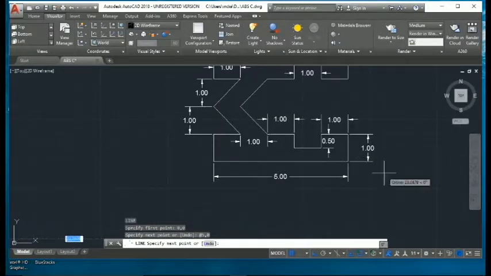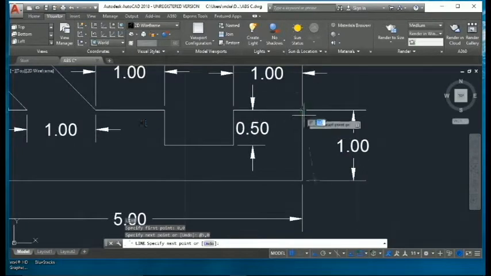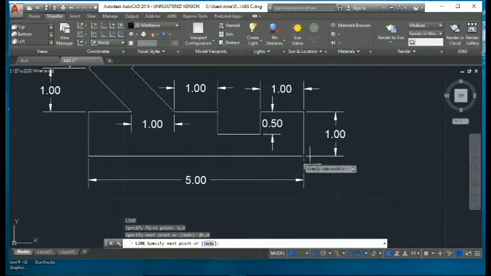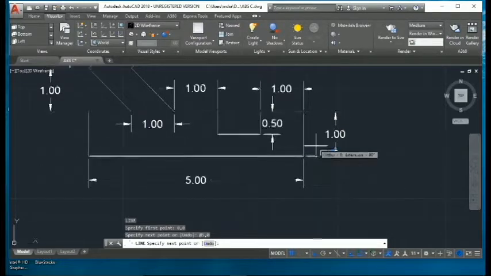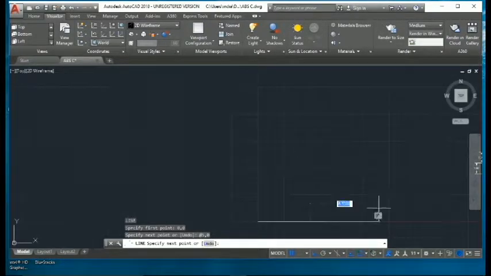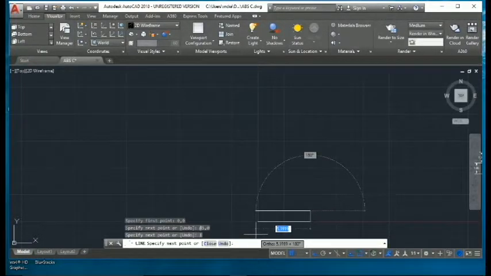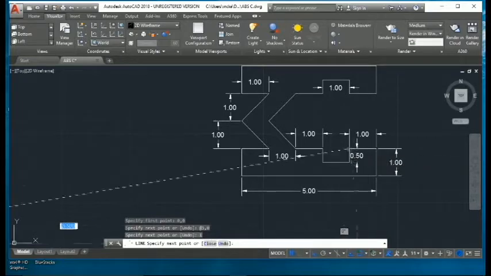Now the next point is this point, whose x coordinate is 5 and y coordinate is 1. So the coordinate value of this point will be 5, 1. Enter.